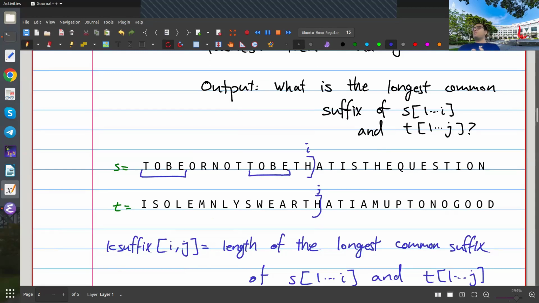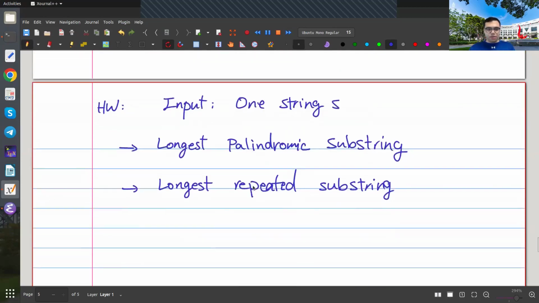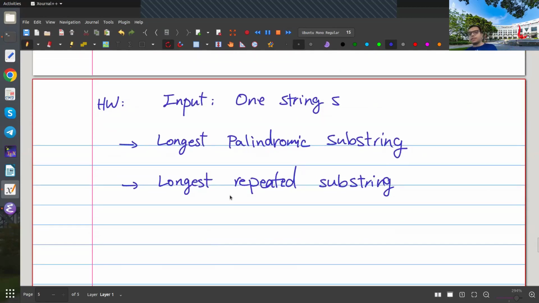So "to be" is a repeated substring. But also, if I had a string like this, AAA, then AA would be a repeated substring because it appears at two different positions. Even if they intersect, it's fine. So the question I want you to solve is this. I want you to output the length of the longest repeated substring given a string S.